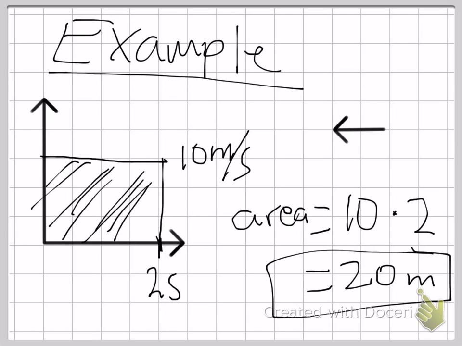If we look at our units and how they cancel, it should be 20 meters. If you also notice that when you look at this graph here, the height of that rectangle is 10, and the width is 2. So you're doing the same mathematical operation for both, you're multiplying. But this is another way of looking at where these equations come from.